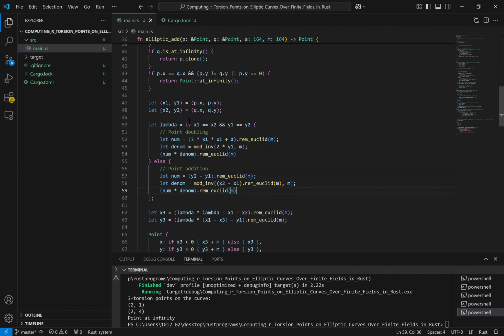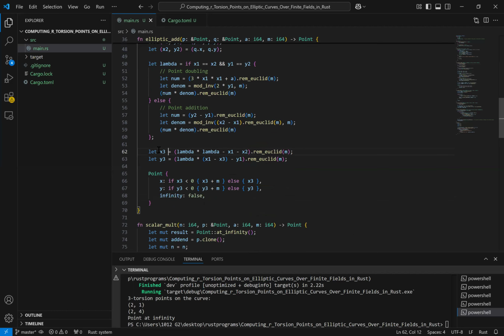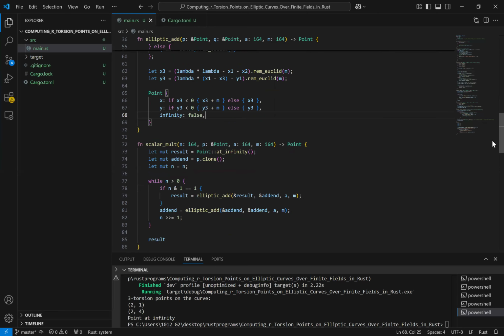Now, once you have this lambda, you can get x3. x3 will be lambda square minus x1 minus x2, and y3 will be lambda multiplied by x1 minus x3, then minus y1. So then you can get a point. This is the point you get, x3, y3. If the point is at infinity, then it will write false.